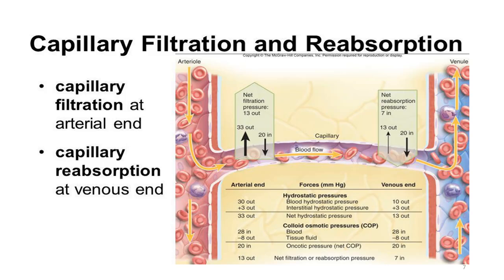The difference of this is 2 milliliter. So in total capillaries of our body, 2 milliliter fluid is left in the interstitial fluid, and this extra fluid will be absorbed by lymphatic vessels and the lymphatic system that we will discuss in future.